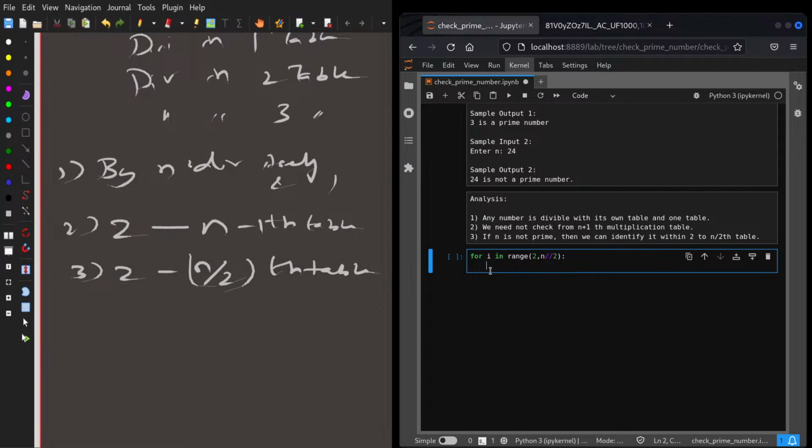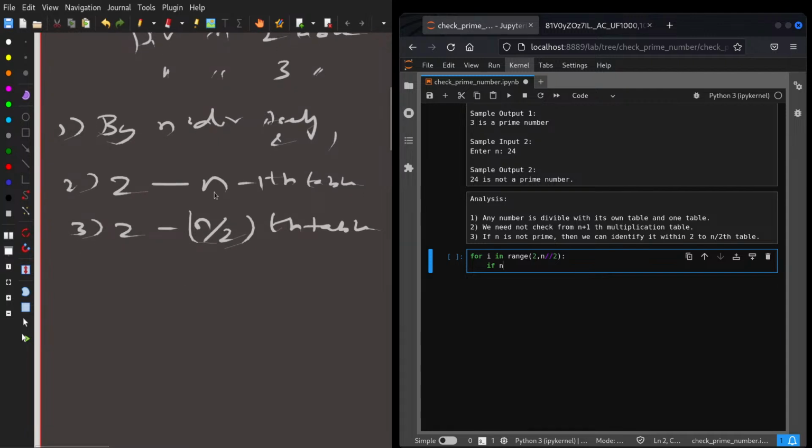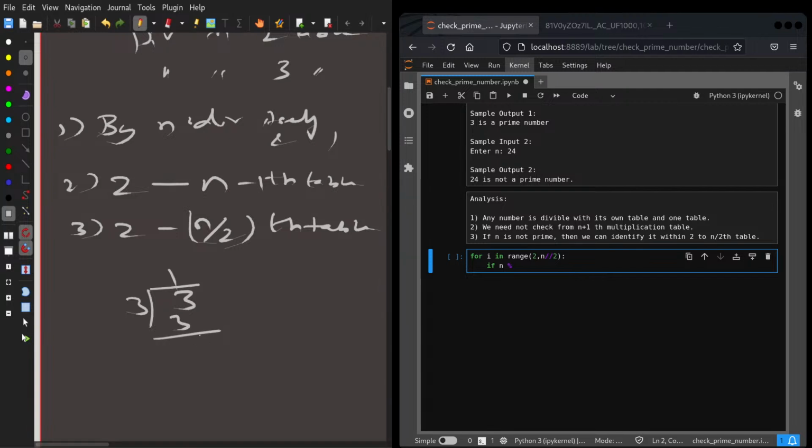Second, we have to check this out. If n is divisible, how do we understand that? We will use the mod operation. When we do the mod operation, I will show an example also. In case of 3, when 3 is divisible by 3, then 1 3 is 3, we have 0 in the remainder, isn't it?